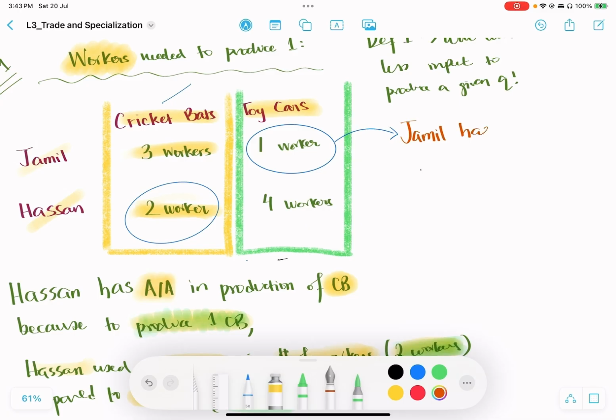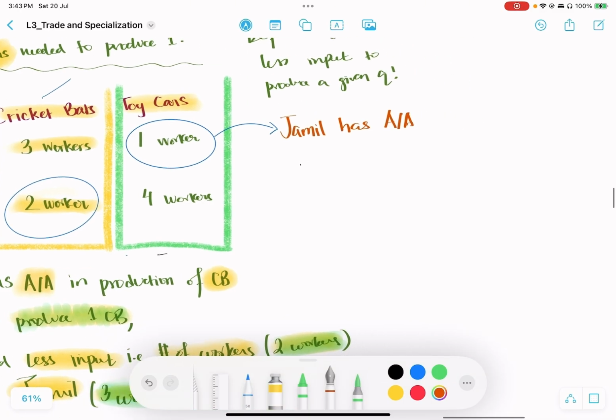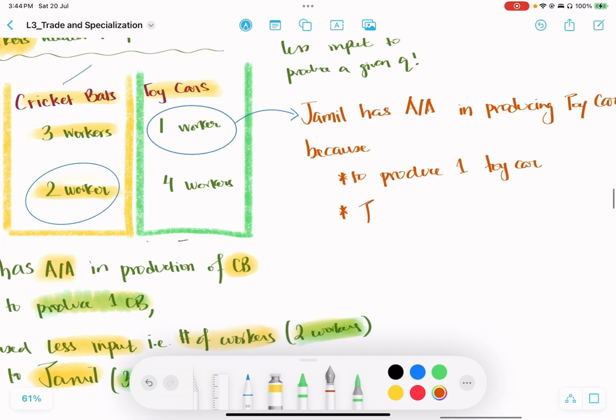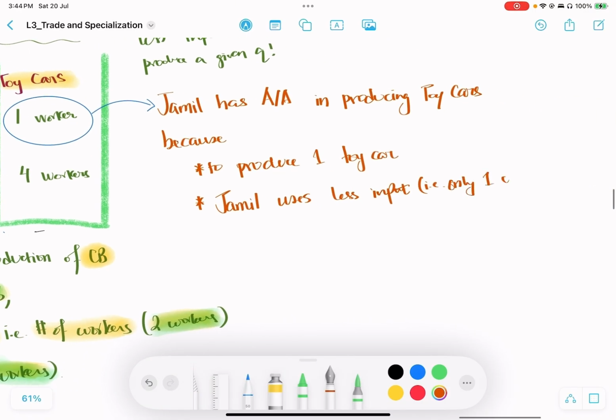Jamil has absolute advantage in producing toy cars because to produce 1 toy car, and here I'm specifying that both of them have the same target, Jamil uses less input, that is only 1 worker compared to Hassan, who uses 4 workers.